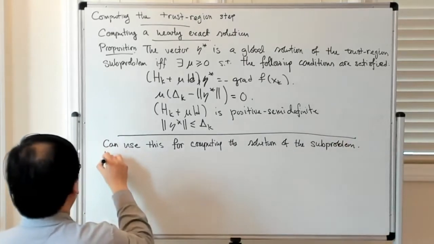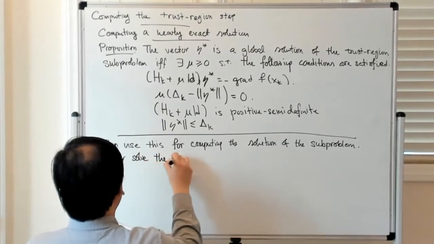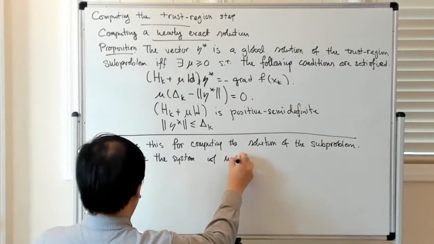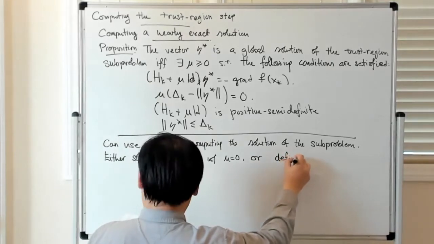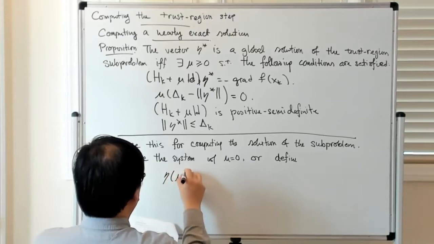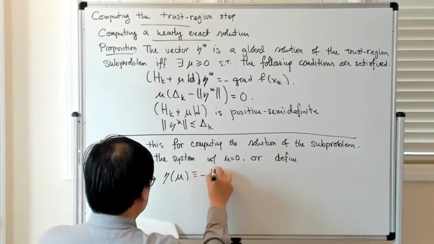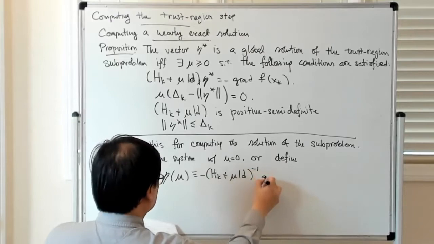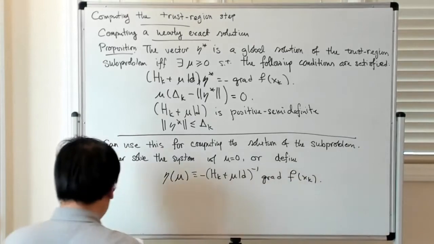You can either solve the system with mu equal to 0, or we can define eta as a function of mu to be minus hk plus mu times the identity, inverse, applied to the gradient of f at xk.